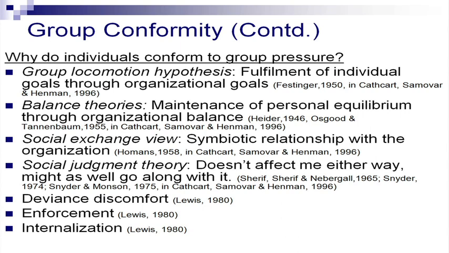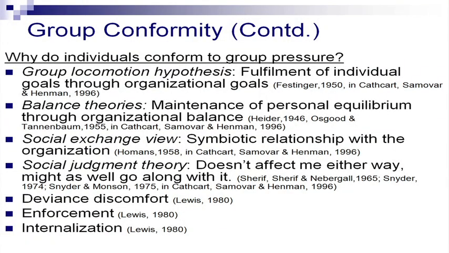Social judgment theory is another one. Again, it doesn't affect me either way, might as well go along with it. Proposed by Sherif and Nebergall in 1965. More work was done by Snyder in 1974 and Snyder and Monson in 1975, and all these implications are discussed in the book by Cathcart, Samovar and Henman, published in 1996.